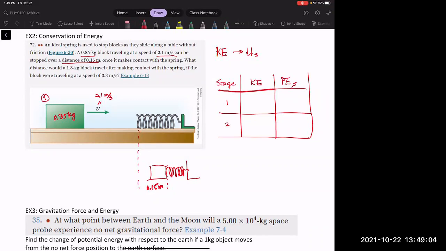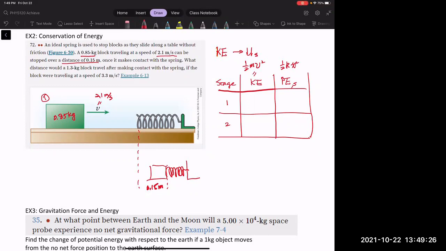After you define the stage, then you use the formula to find out these values. So kinetic energy 1/2 mv squared. Potential energy for the spring is 1/2 kx squared. And you look at stage one, do we have kinetic energy?